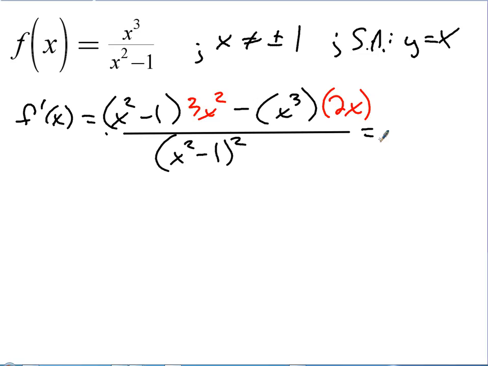It really is. x to the fourth. Okay, what about anything else? If I distribute that 3x squared, okay, good, minus 3x squared on the top. Does everybody see that? Okay, over x squared minus 1 squared. There's our first derivative.